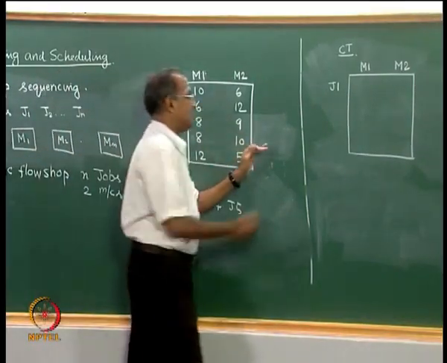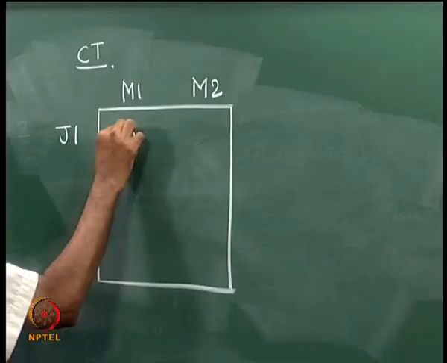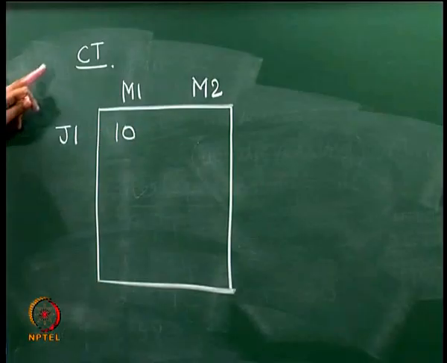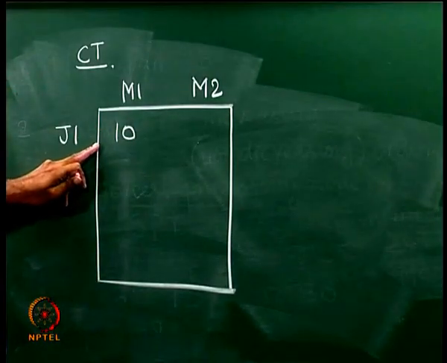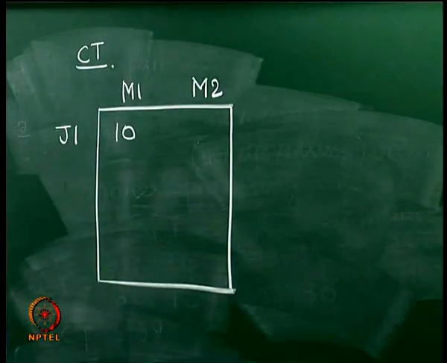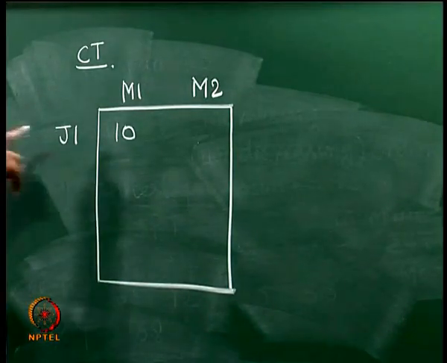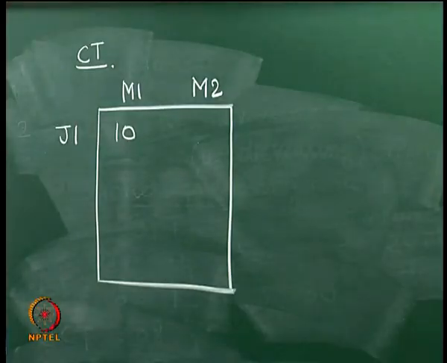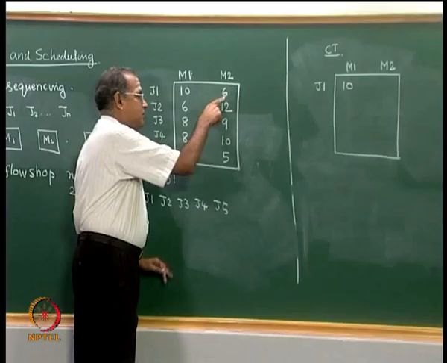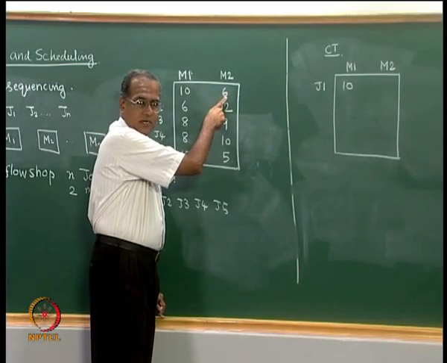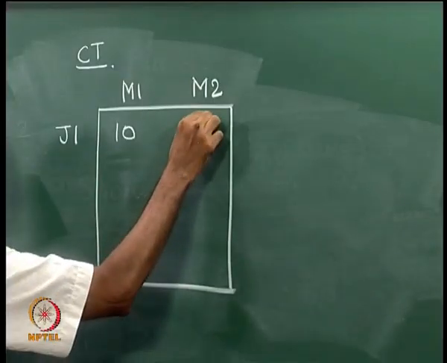So, it starts at 0 and comes out at time equal to 10. Remember that these are completion times. At time equal to 10 it goes to M2. M2 is free. At M2 it requires another 6 units. So, it comes out at time equal to 16.